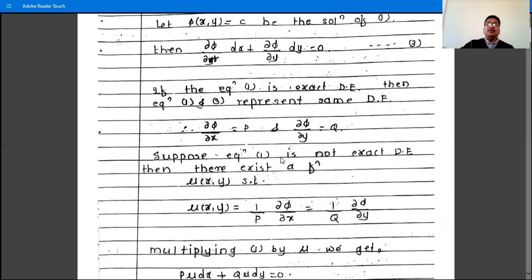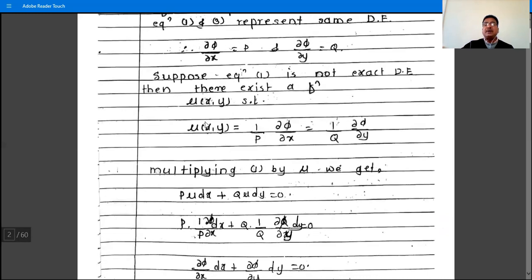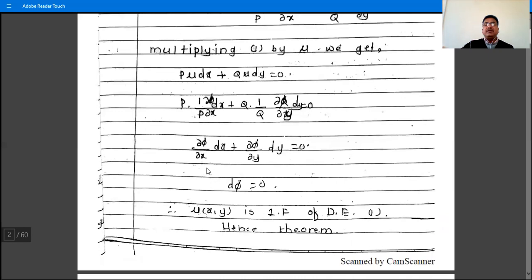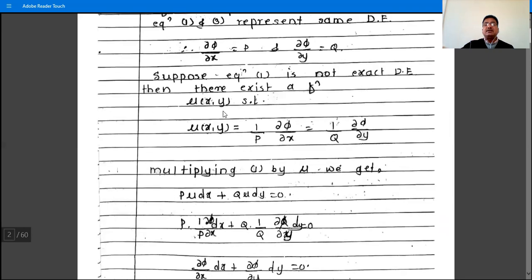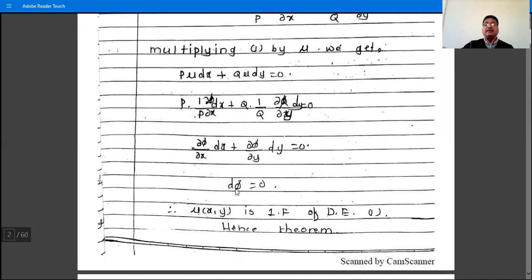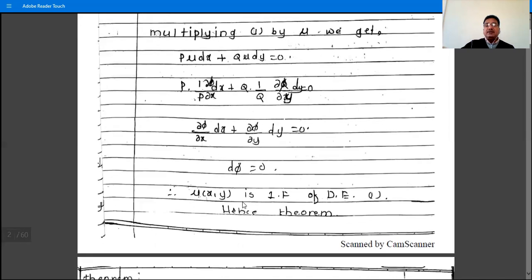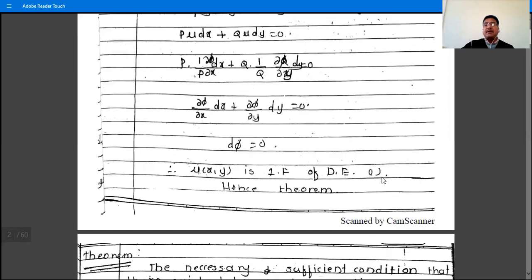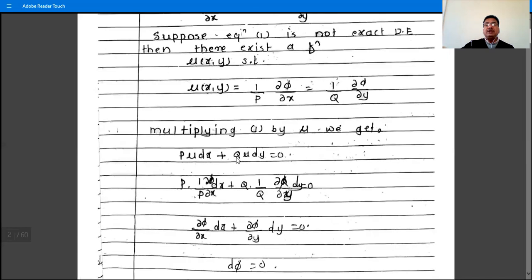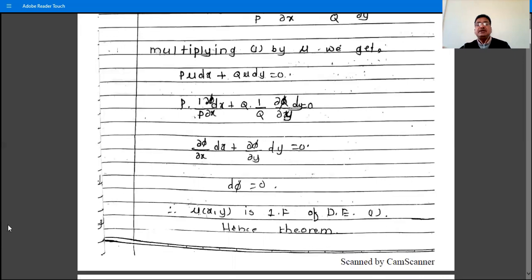That is, if the equation is not exact, then we have such a function μ(x,y) such that the LHS becomes the derivative of the function φ, and therefore μ(x,y) becomes an integrating factor. The given differential equation is not integrable, but if we multiply by μ, it becomes integrable.